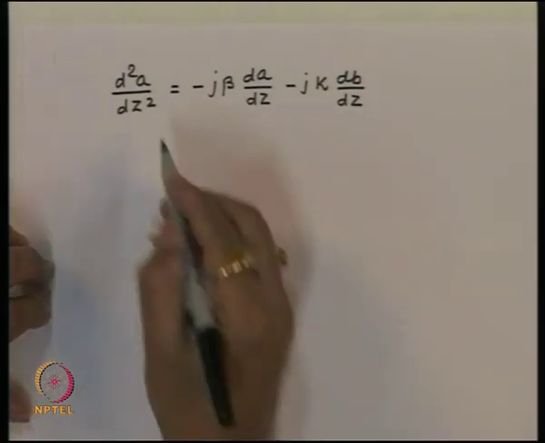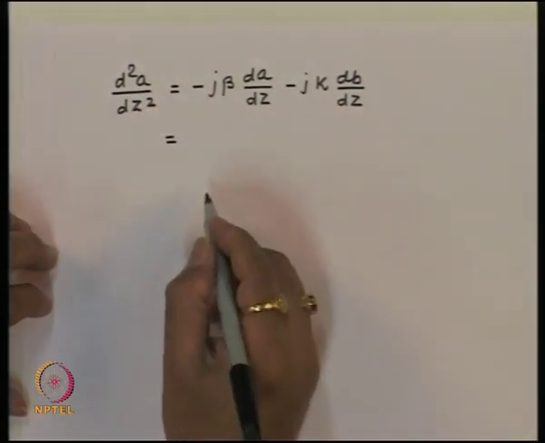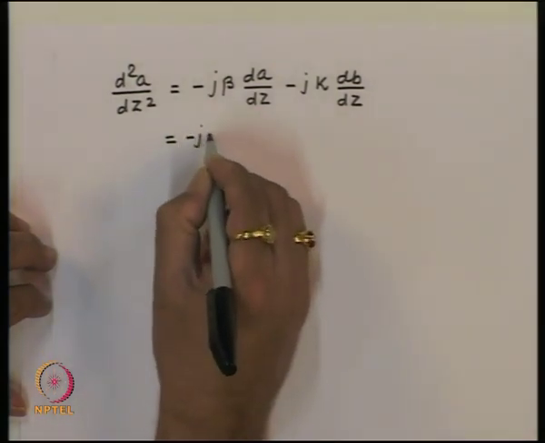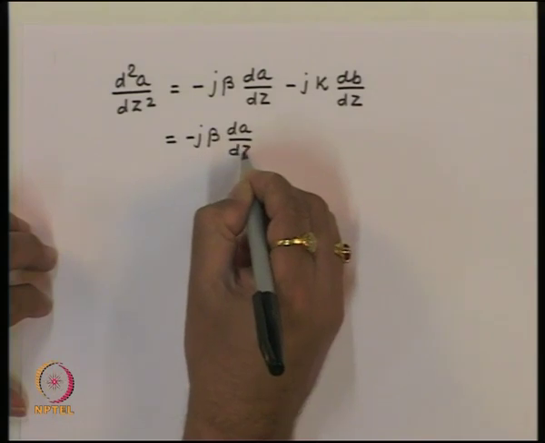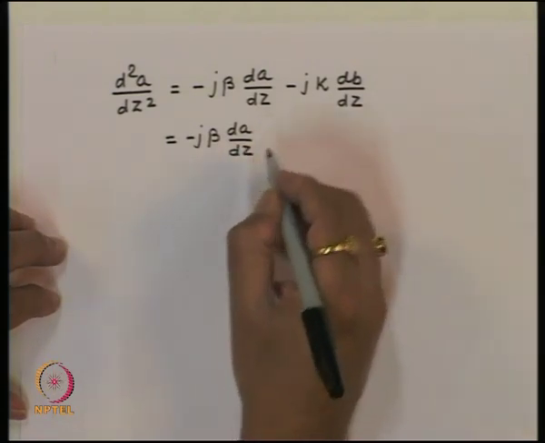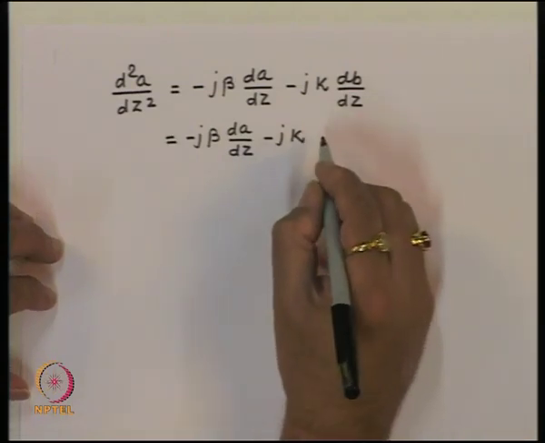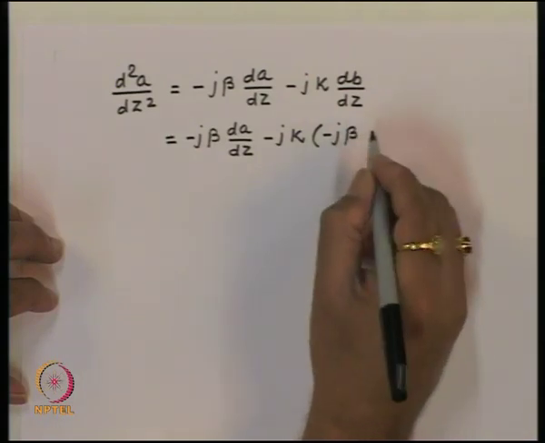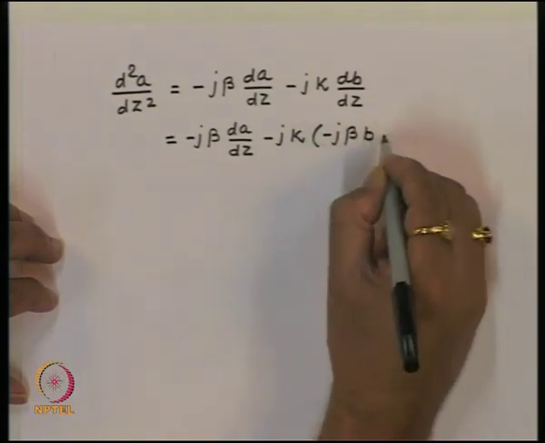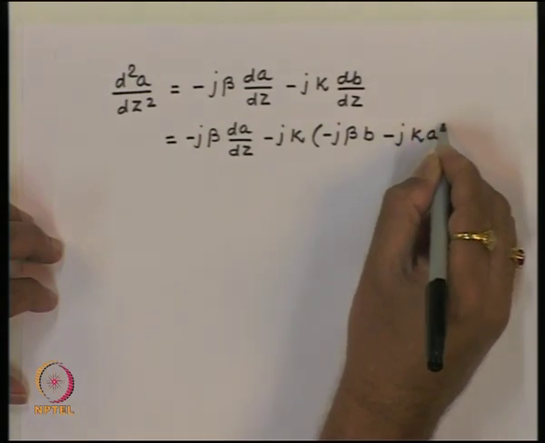So this quantity, d2A by dz square, will become minus j beta dA by dz minus j k into (minus j beta B minus j k A).